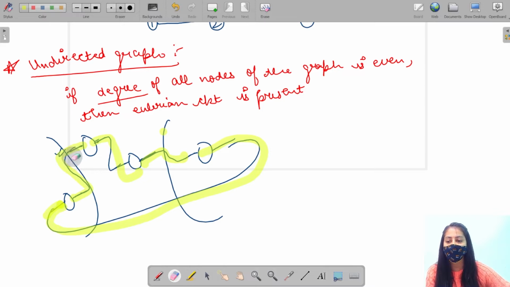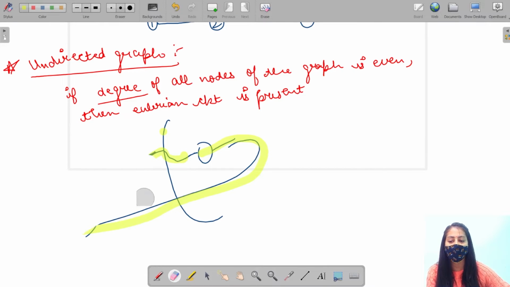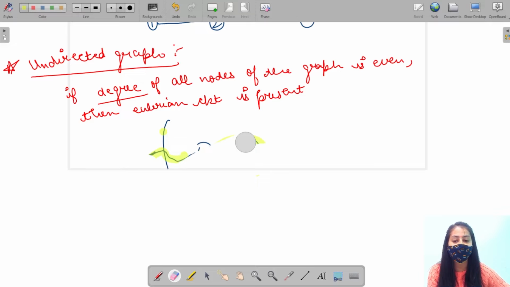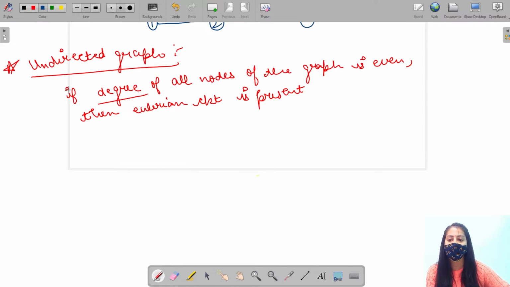So what is the condition? The condition is that the degree of all the nodes of the graph, that is, the number of edges connected to them, must be even, right? Now this is the condition for an Eulerian circuit. Now what is the condition for an Eulerian path?